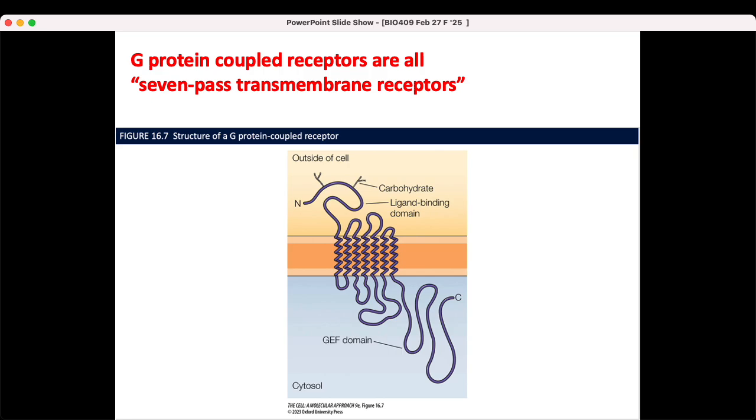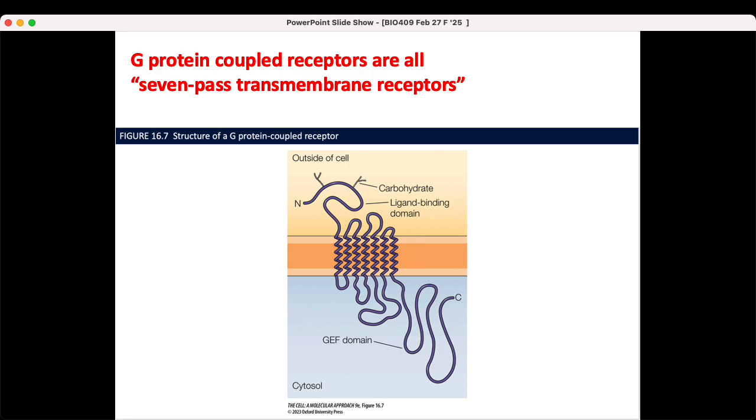The reason it was easy for scientists to spot them is that each time the protein crosses the membrane, it's about 20 amino acids, and they're very hydrophobic. So these proteins all have 7 stretches of about 20 amino acids that are very hydrophobic. You can use a computer to look for that, because only a certain number of amino acids are hydrophobic.